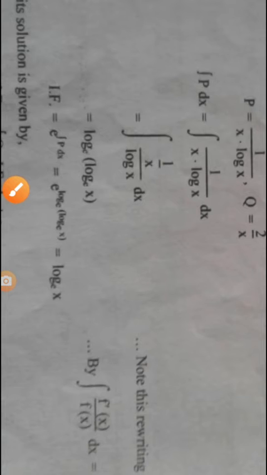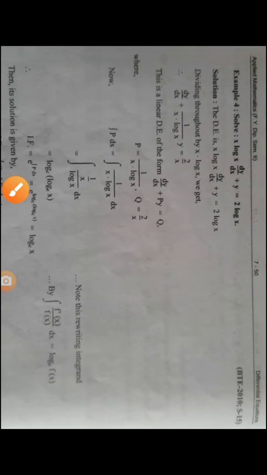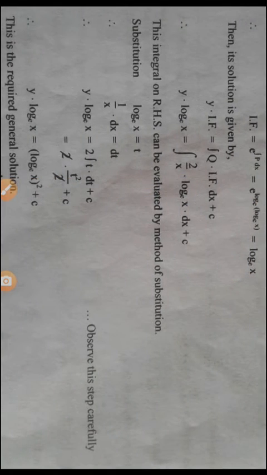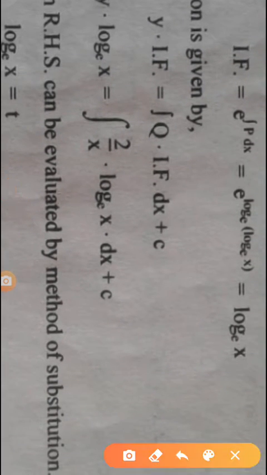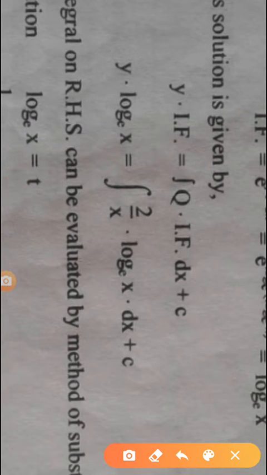And after finding out the integrating factor, we now solve the linear differential equation. To solve this linear differential equation, the formula is y into integrating factor is equal to integration q into integrating factor dx plus c.